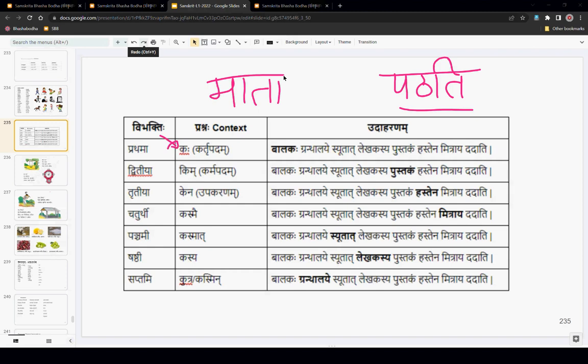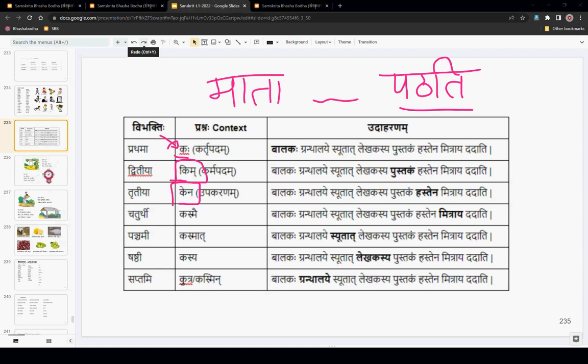Mata Ramayanam pathati, Sanskritam, lekhanam, patram, anything. Kavyam, gadyam, padyam, shlokam, bhagavatam, grantham, anything you can put. So kim is the word. Note that this kaha is in the Prathama Vibhakti, and kim is in the Dvitiya Vibhakti.